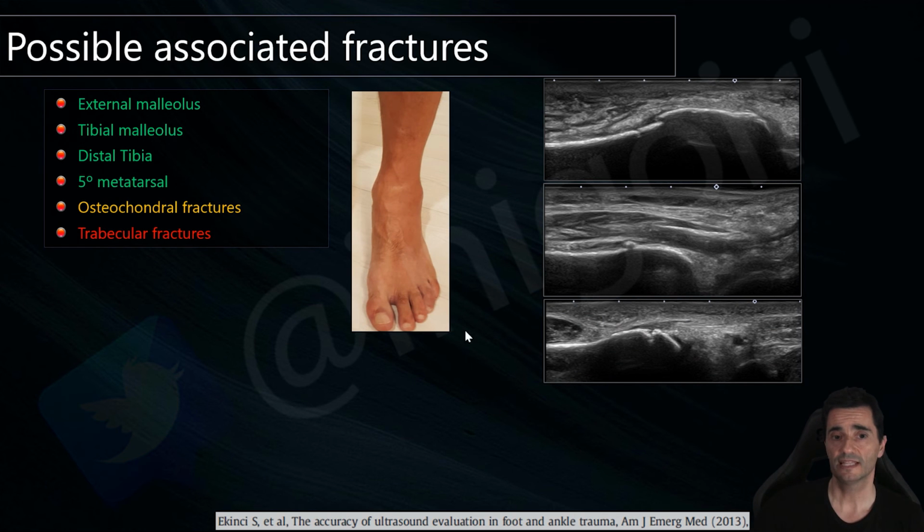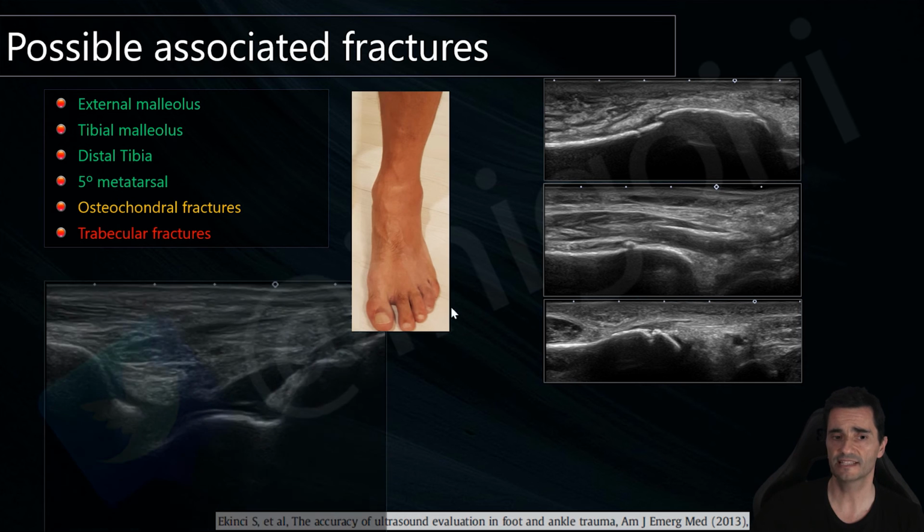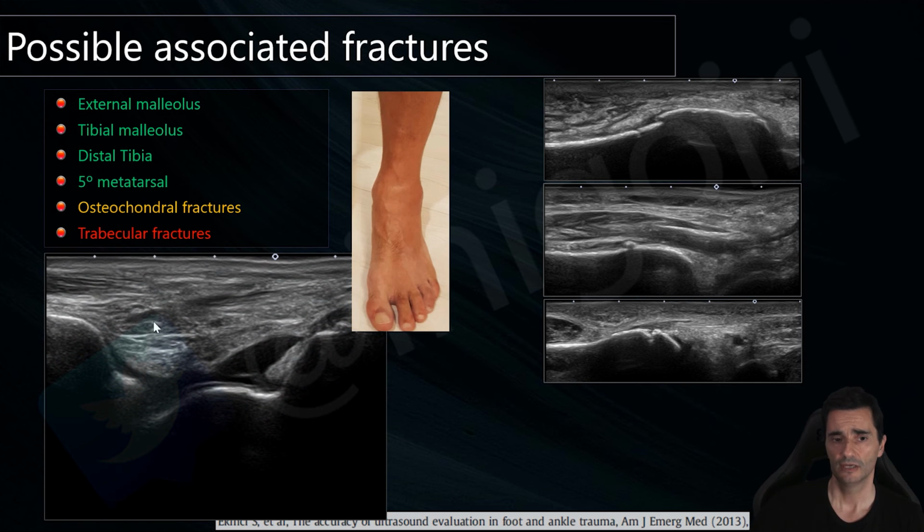Remember these ring-like or tennis ball-like ankles? Something is happening inside the joint with this effusion, with this recess, with this effusion inside. We need to think about osteochondral damage with bone damage, trabecular fractures, something like that. And the ultrasound is not a good tool. You need to ask for an MRI.